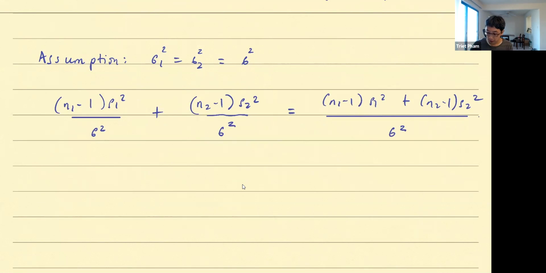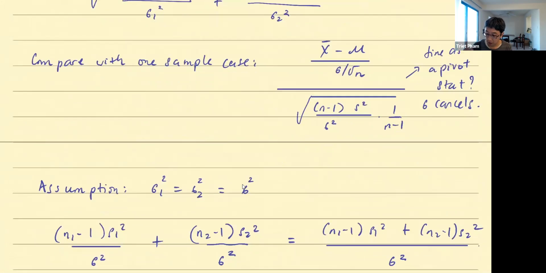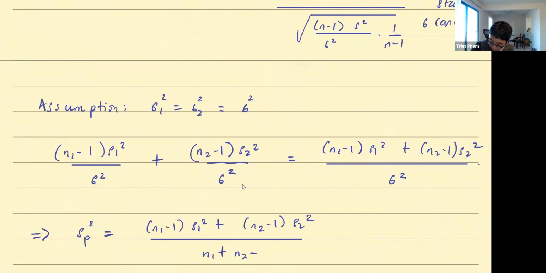This motivates us to look at one extra statistic that pops out from this context, if you define sp square to be (n1 minus 1) s1 square plus (n2 minus 1) s2 square, divided by n1 plus n2 minus 2.